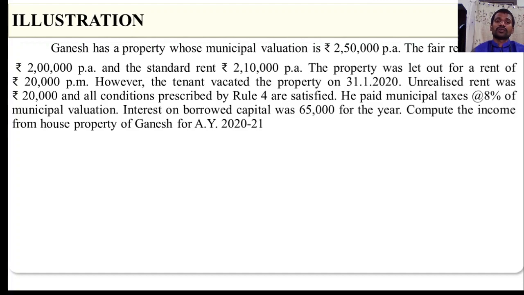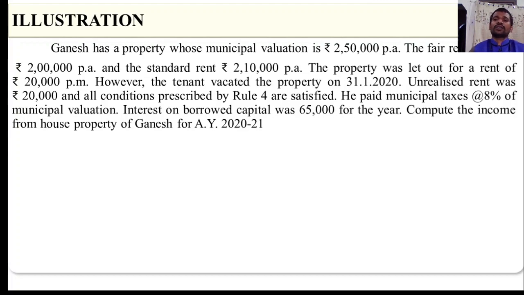Why? Because the financial year begins on 1st April and ends on 31st March. So February and March, these 2 months are vacant. Unrealized rent was rupees 20,000, as he also vacated the property without paying the rent of 1 month.